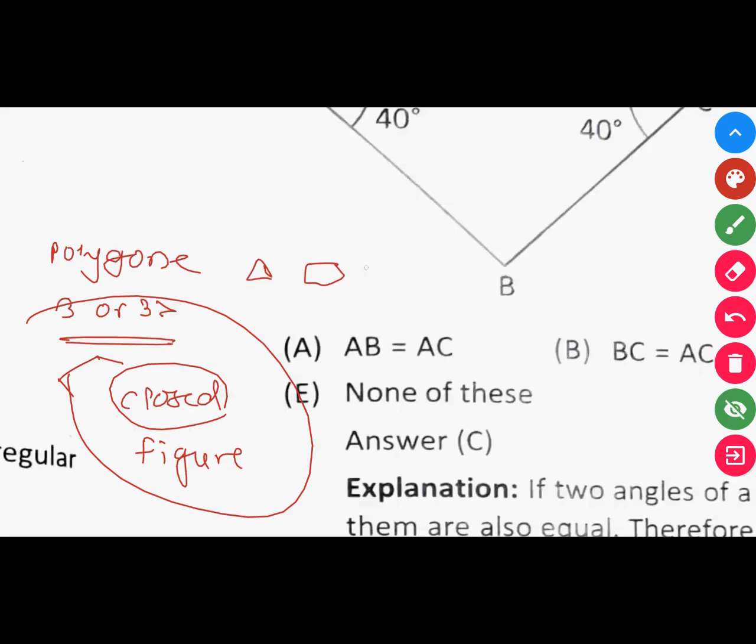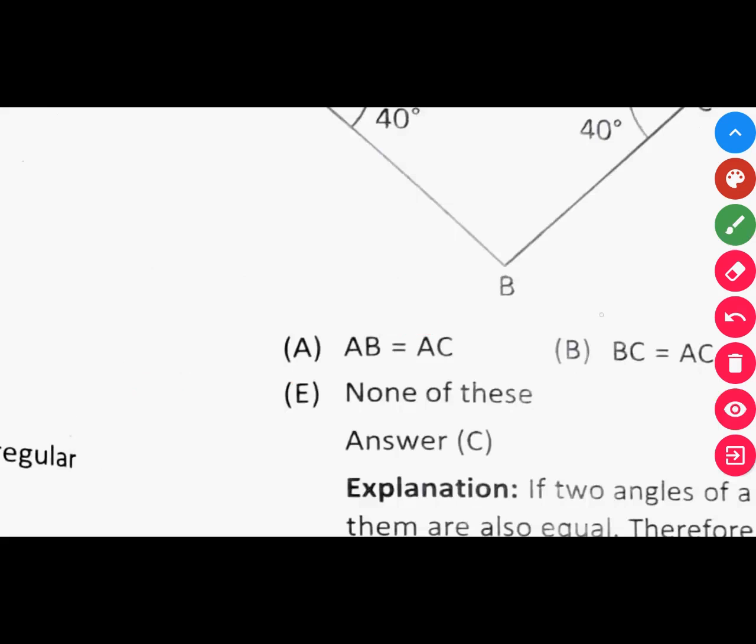Triangle, square, rectangle, rhombus, pentagon, hexagon, octagon, septagon, all are polygons. First we learned about the triangle in the last lecture. Everything you know, basically 5 types of triangle we had seen.